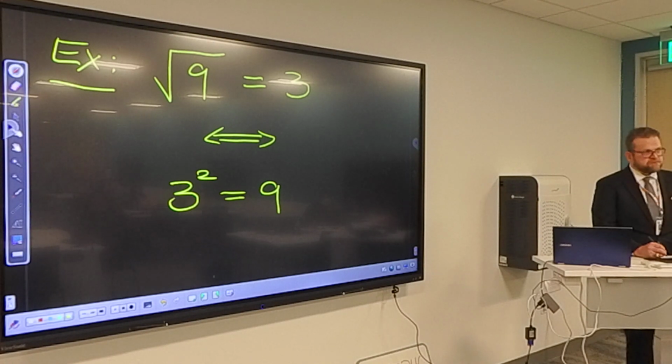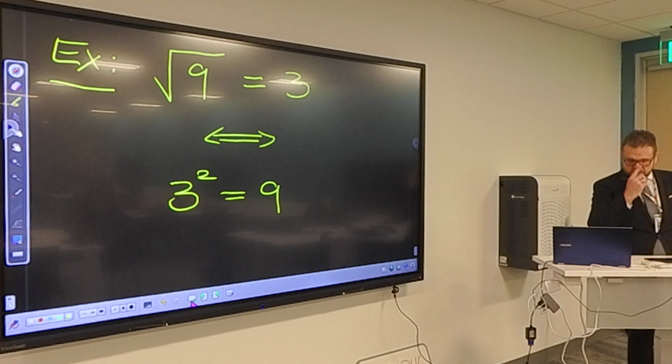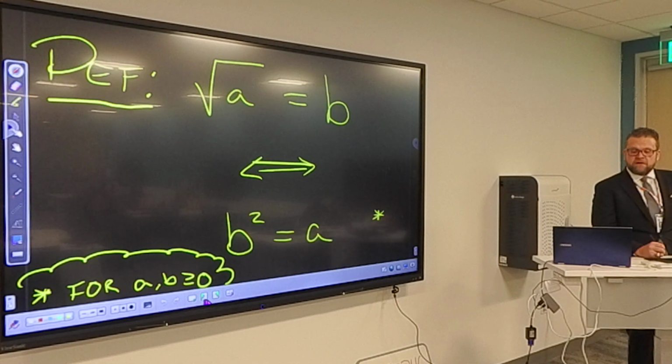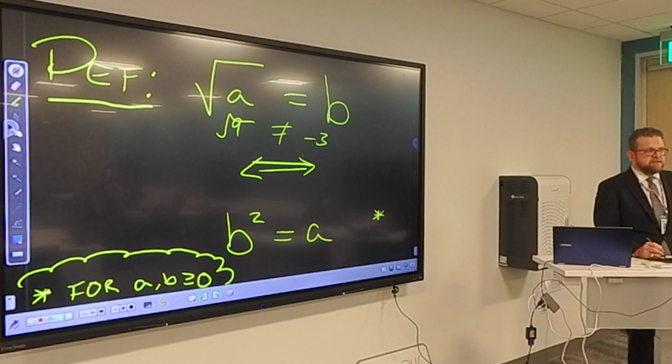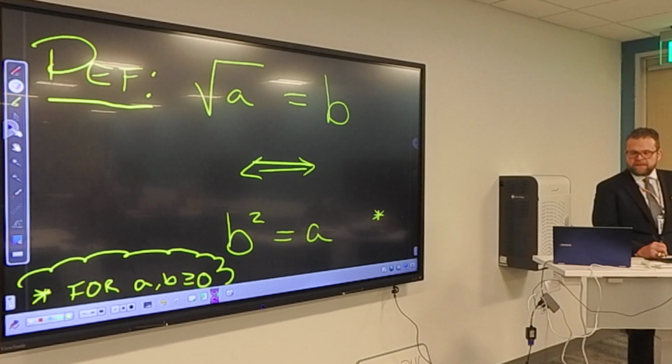That's not really true. The square root of 9 cannot be minus 3 because minus 3 is not non-negative. That's the primary reason: it does not fit the definition.